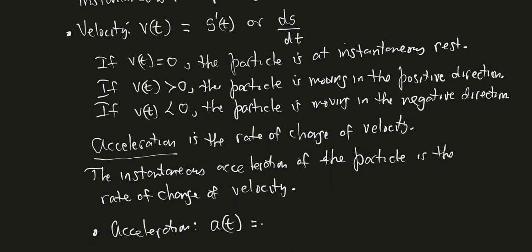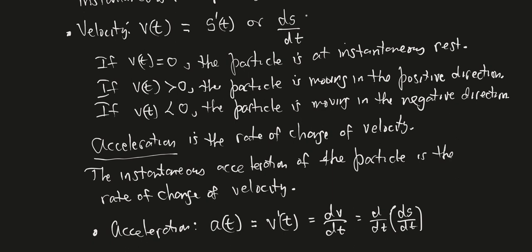So that means I have to find the derivative of velocity. So this would be v prime of t, or dv dt. But remember, velocity is already a rate of change. So if I apply the Leibniz notation and write down the definition of velocity, this is saying I would have to differentiate this derivative, right?